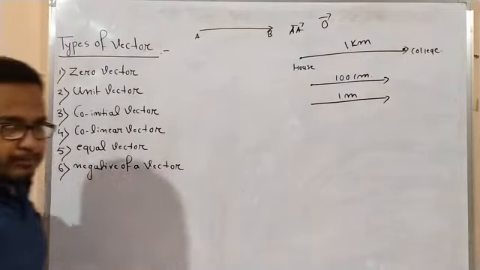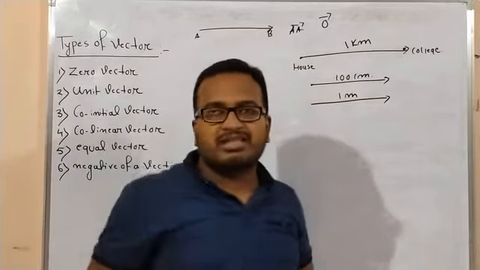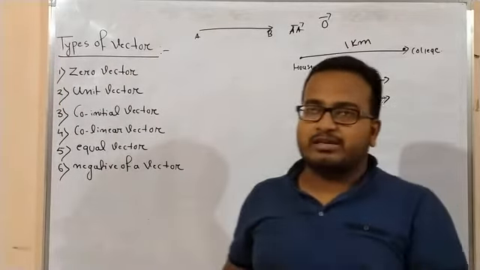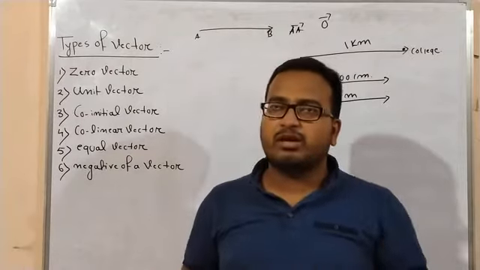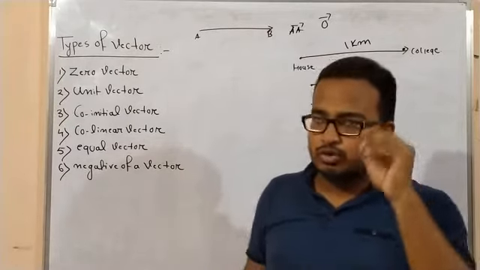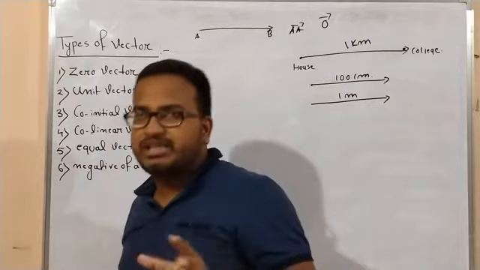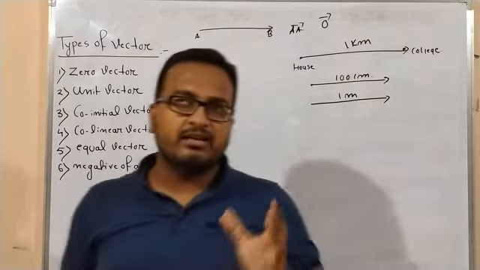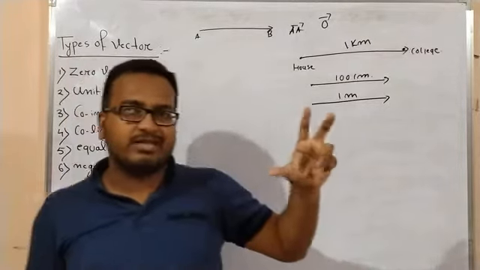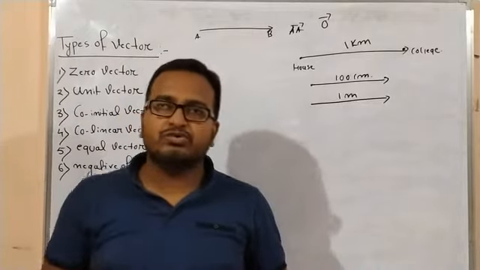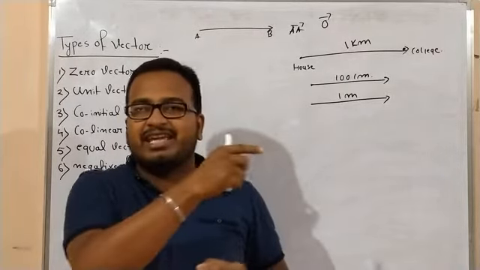Now co-initial vectors. What does co-initial mean? Co means two, two vectors coming out of one point. Co-initial vectors means we know the initial point of a vector, because in mathematics we always represent a vector by a straight line with an arrow.